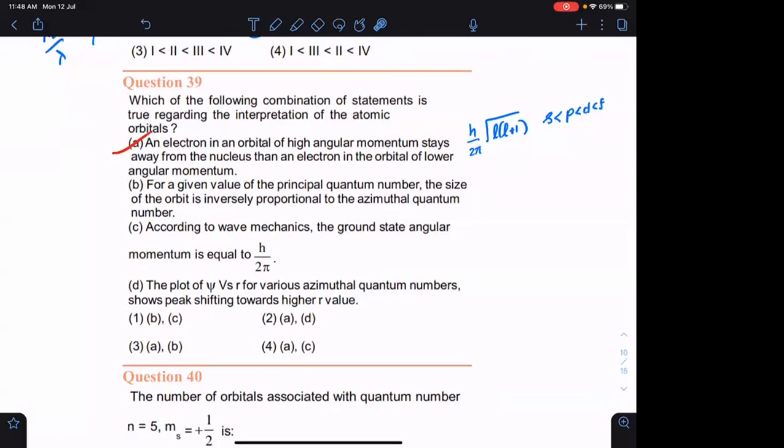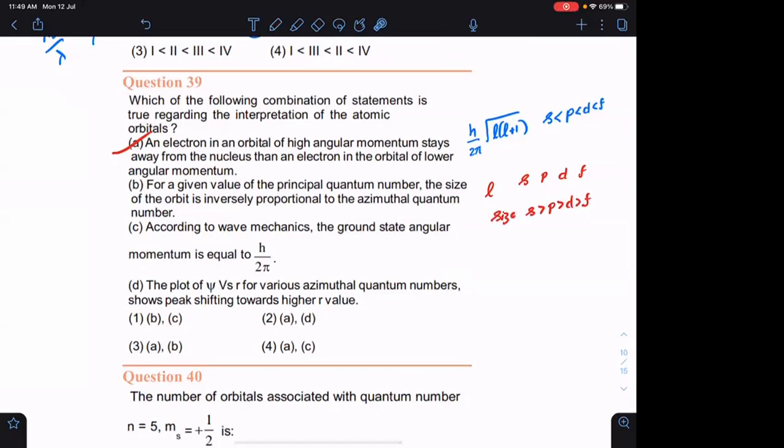There is no question of orbit, but ठीक है, if we consider that as orbital, it is inversely proportional to azimuthal quantum number. मतलब as the value of L increases, the orbital size decreases. यहाँ पे एक बार देखना, मतलब s, p, d and f, they are saying that the size of s is greater than p, greater than d, greater than f. This is as per the statement.